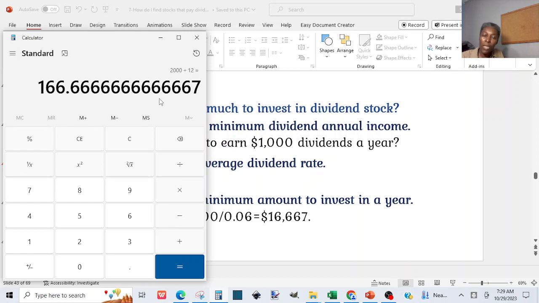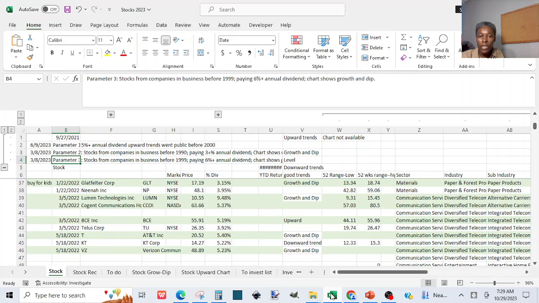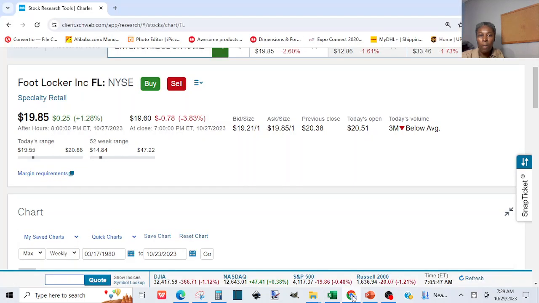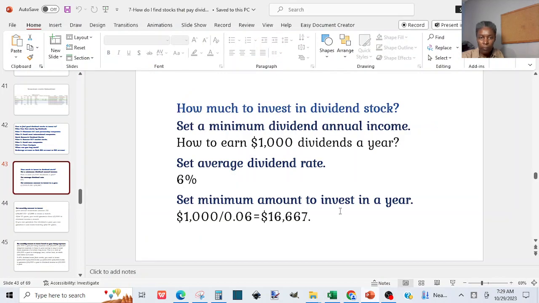And then when you have time, you go through your stocks, find the right stock to invest in, and go to your Charles Schwab account and invest. Do that, and before year 10 you'll reach that goal, because that income will get reinvested.